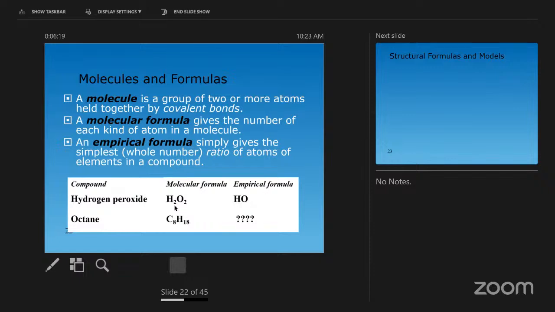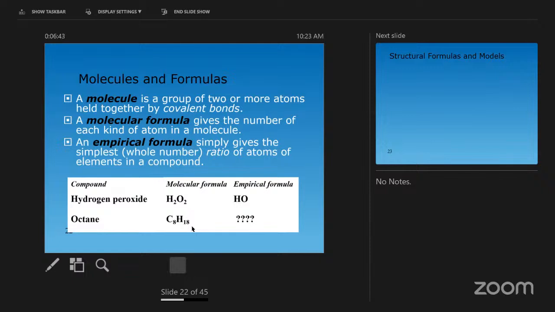Hydrogen peroxide, the two atoms of hydrogen, one atom of oxygen. In the case of octane, the molecular formula is C8H18.